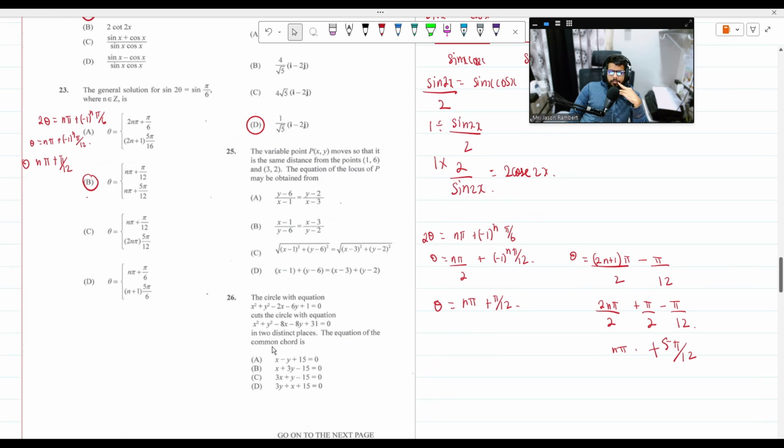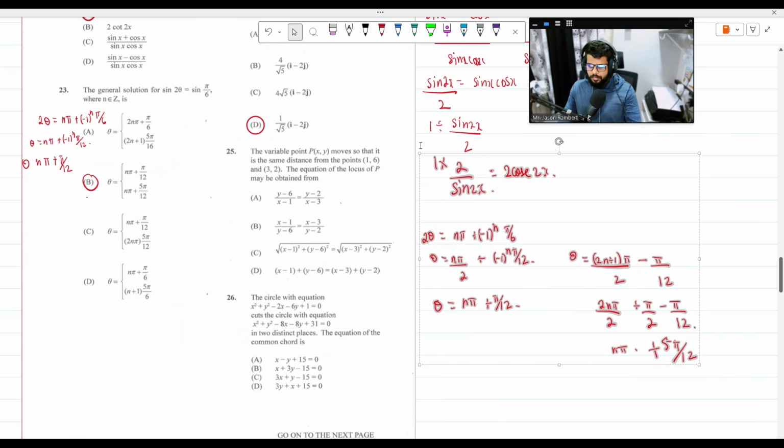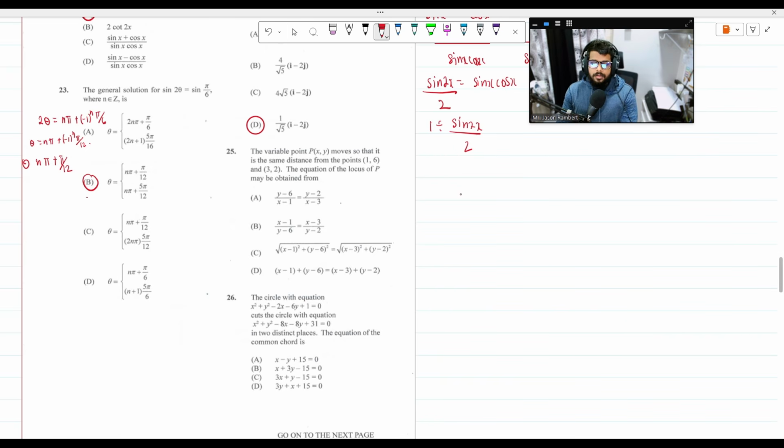The variable point P moves so that it is the same distance from the points 1, 6 and 3, 2. The equation of the locus of P may be obtained by, alright, let me go through the full working for this one. If I let this point be A and this point be B, PA is equal to PB.